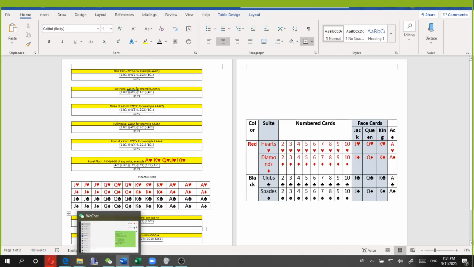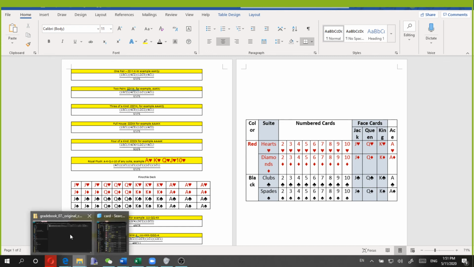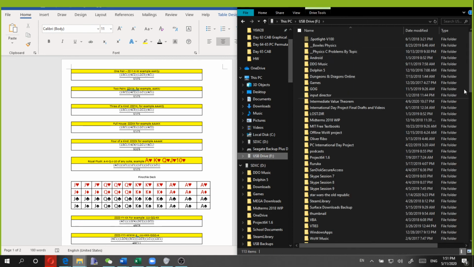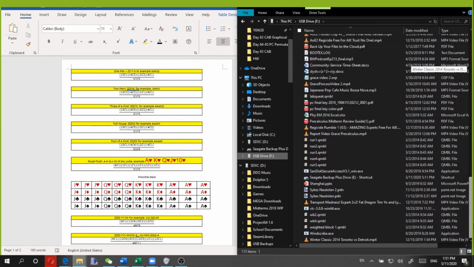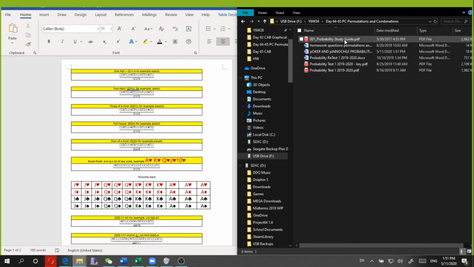Okay, so for the homework this time around, I have a retest that was given in Q1, so that means almost everyone hasn't seen it, on probability.